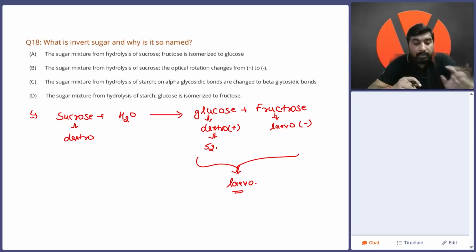So sucrose is dextro, but when we dissolve it in water, the final solution will be levorotatory. This inversion of plane polarized light is known as inversion, and the final product is known as invert sugar.